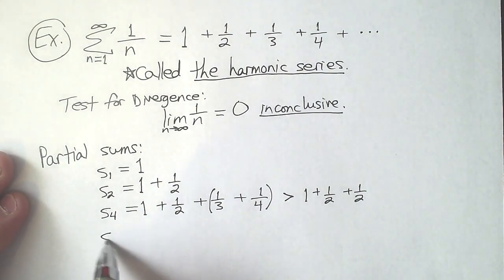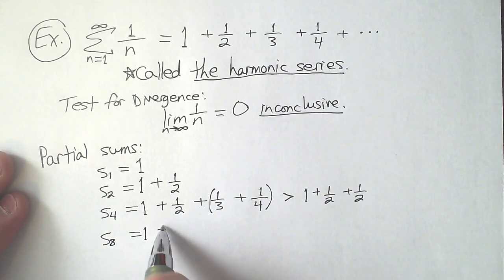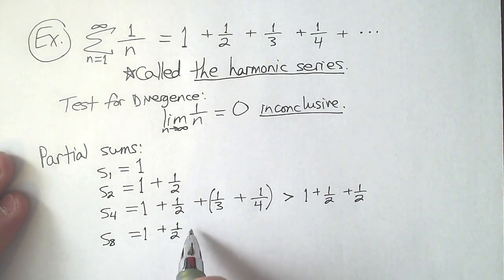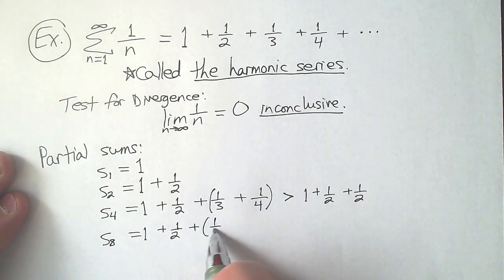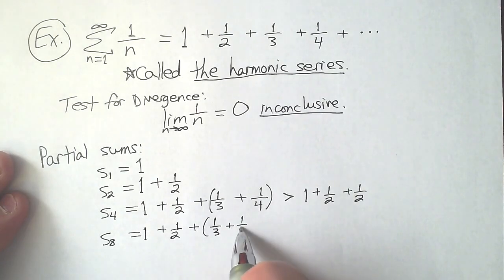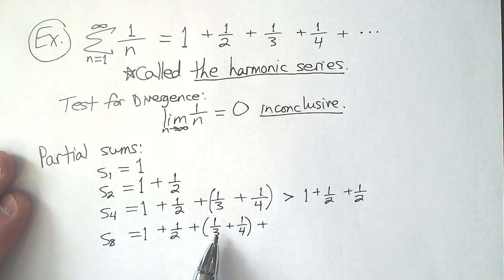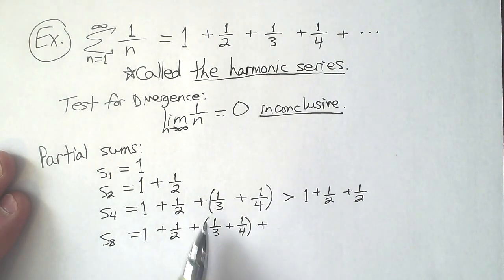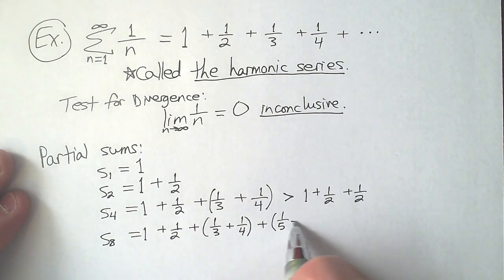I'm then going to skip to S8 and do something similar. Well, S8 means we need a lot of space. I'll start writing smaller. I'm grouping those two terms together, which we already kind of established that that's greater than 1/2, and then I'm grouping these terms together.